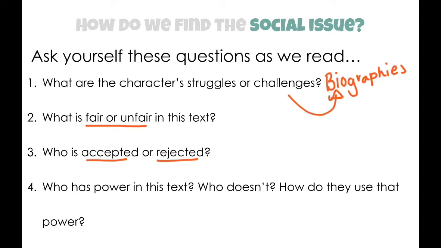Who has power in this text? Well, if we think about it, the same example with the football, who has power? Well, I don't because I was rejected. So the power would be the boys. Who doesn't? The girls. How do they use that power? They tell me that I can't play football.